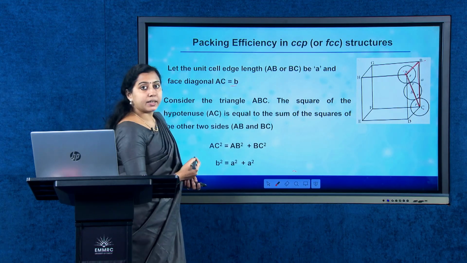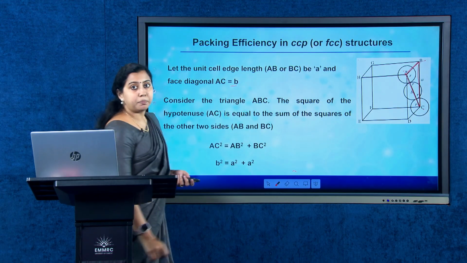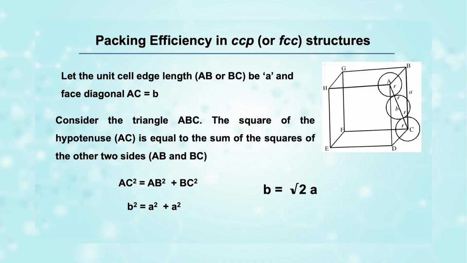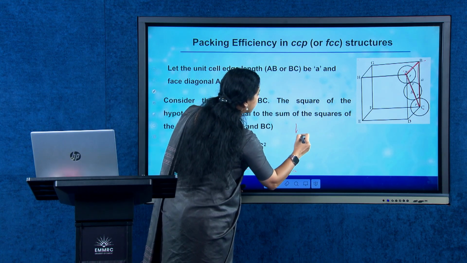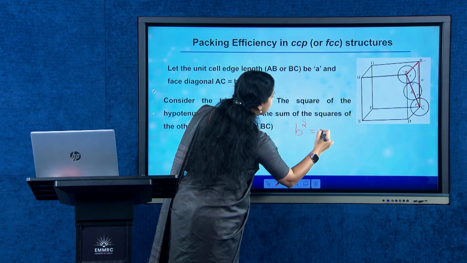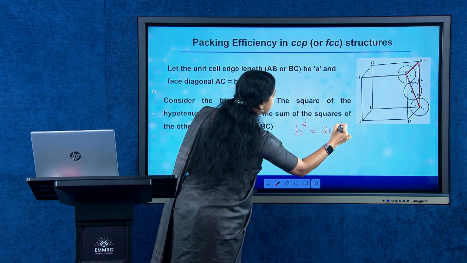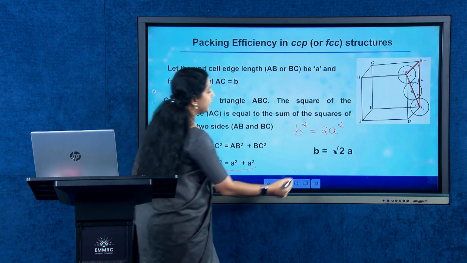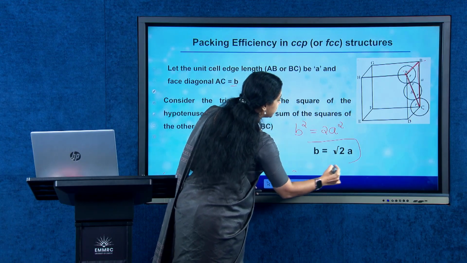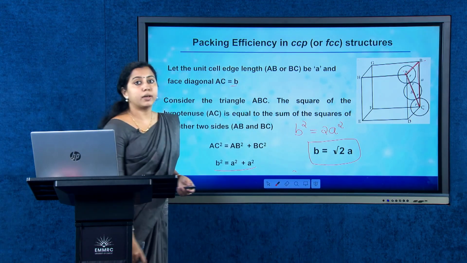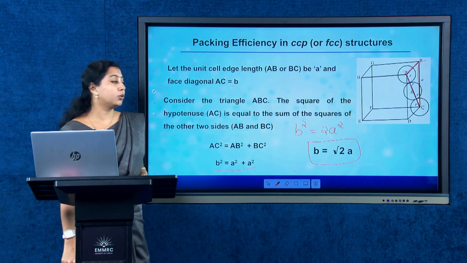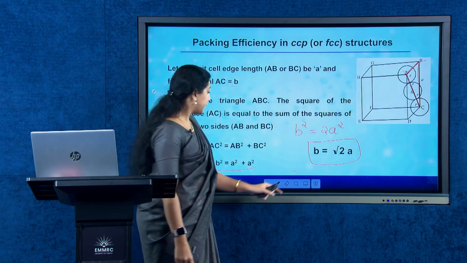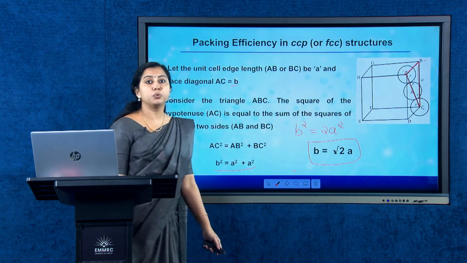AC is the face diagonal and we have denoted its length as b. So, b square is equal to a square plus a square, where a is the edge length, or we can write b square equals 2a square. So, what will be b? b equals root 2 into a. So, we have obtained a value for the face diagonal, that is b equals root 2 into a.